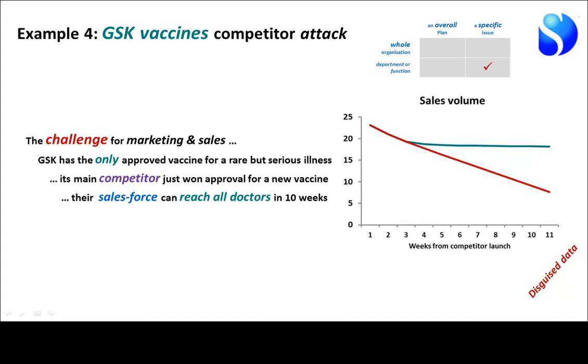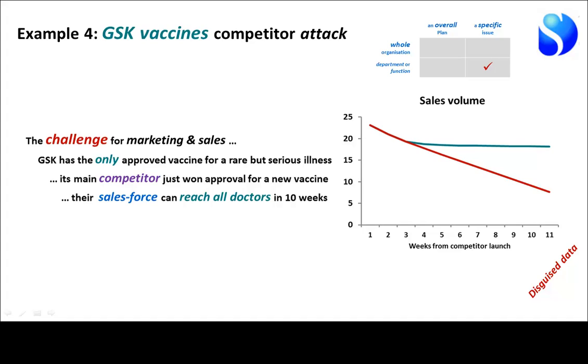Now, this really is a terribly cutthroat industry. These companies really are at each other's throats all the time, and the competitor has a sales force who would normally be promoting quite a range of products, but because this is such a big opportunity, they're going to put their sales force onto really pushing this one product, and they've got enough salespeople that they can reach all of GSK's doctors in 10 weeks.